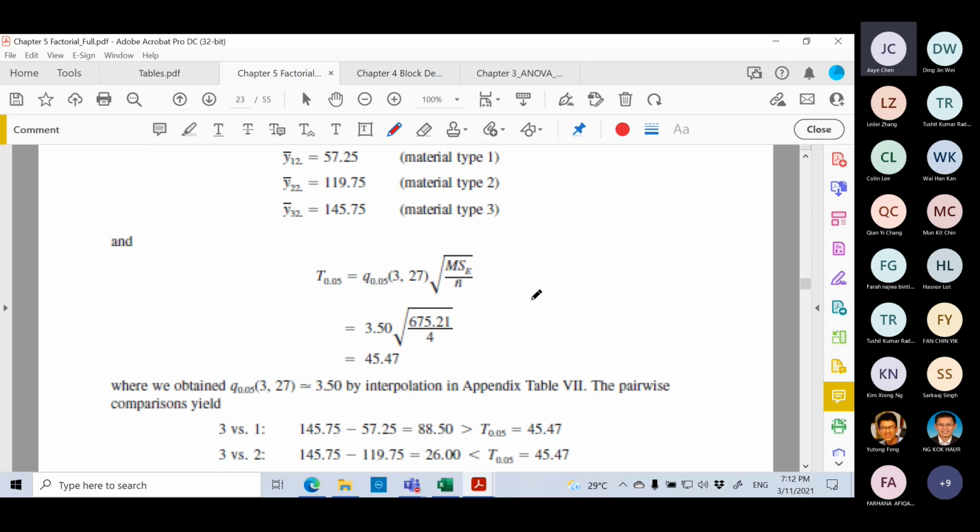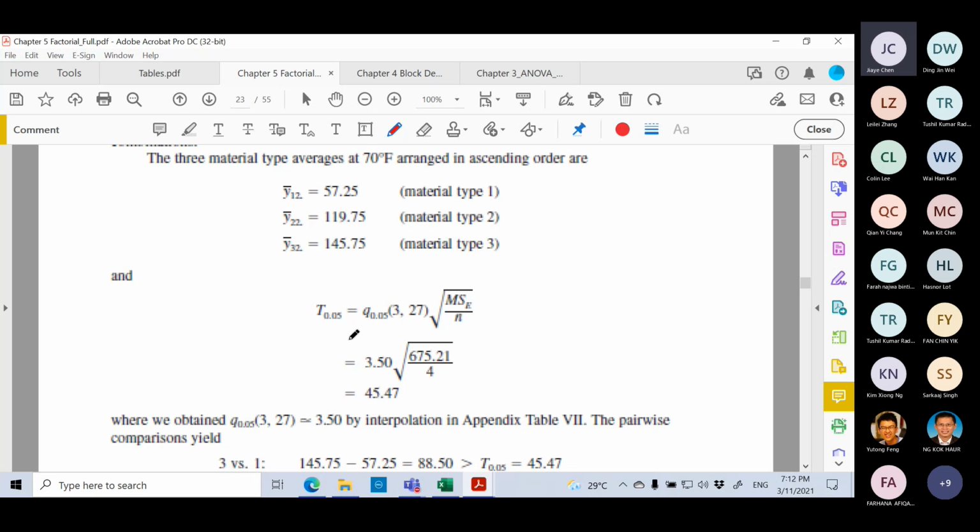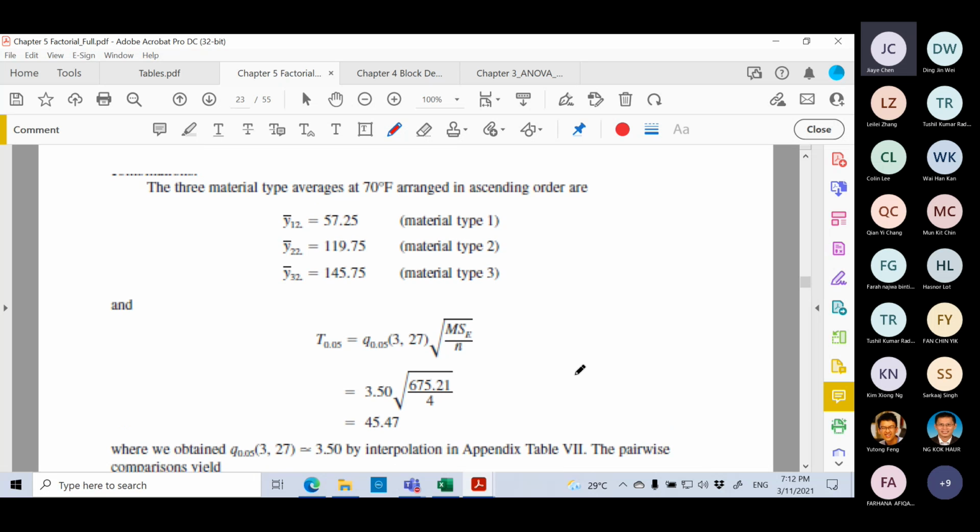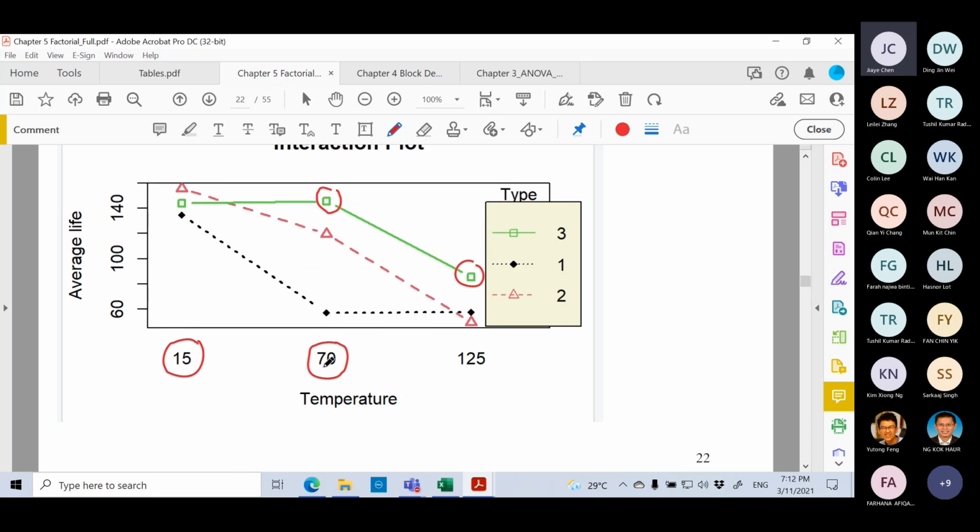And then here, as you can observe, this one is the table for the three material types at 70 degrees. So we only concentrate on the 70 degrees here. Okay, if we concentrate on 70 degrees, then we only concentrate on these 3. If we want to use, of course, the highest one, you use number 3.